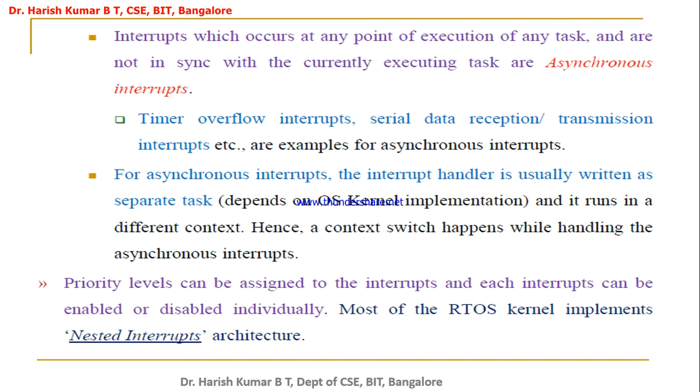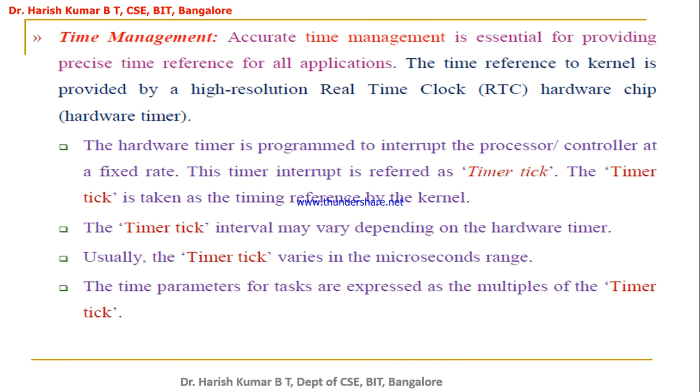So a context switch happens here, and hence handling asynchronous interrupts is much slower compared to handling synchronous interrupts. Now time management is again necessary, and even in an RTOS this component has to be there because real-time functioning is necessary.